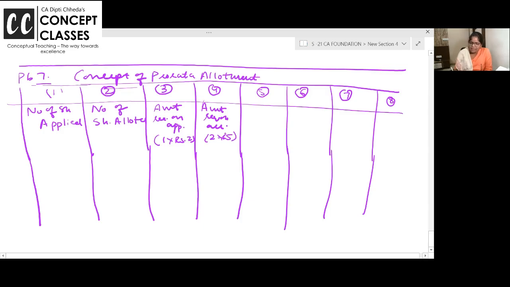Okay, we will change this a little, wait 2 minutes. Change it. Amount received on application. Amount required on application. Amount required on application is not 1 into 2 rupees. It's column 2 into rupees 2. You write it, it will come.